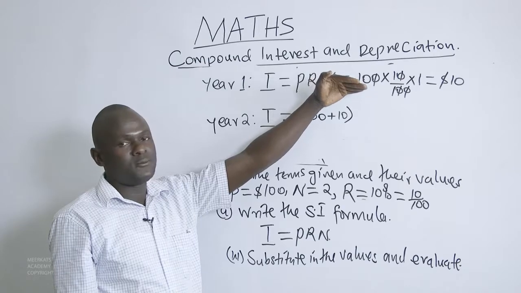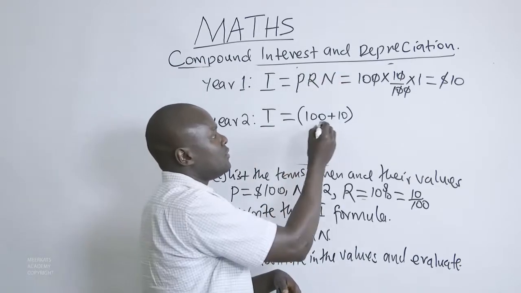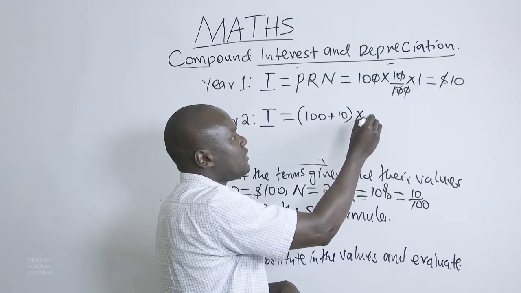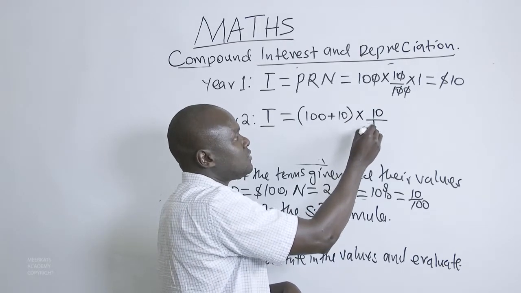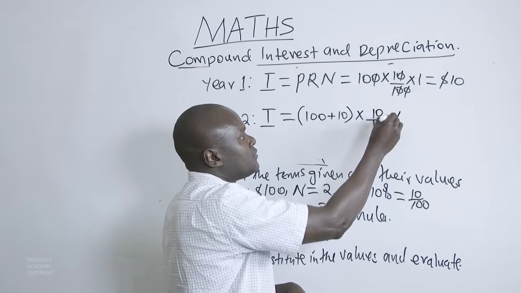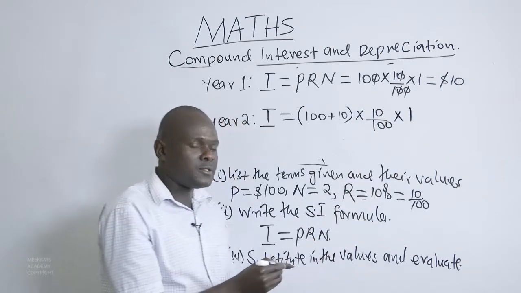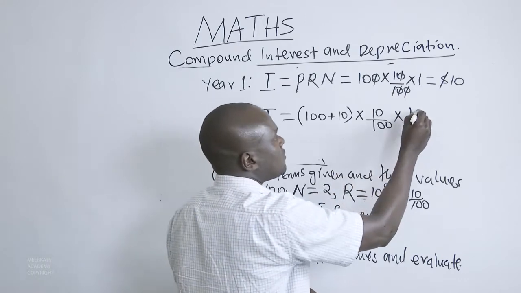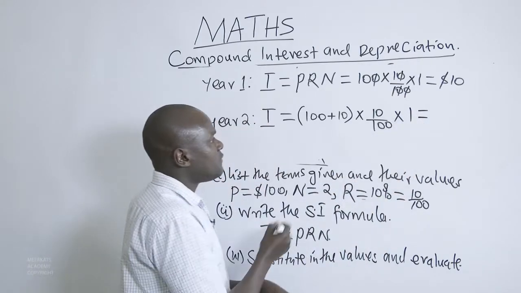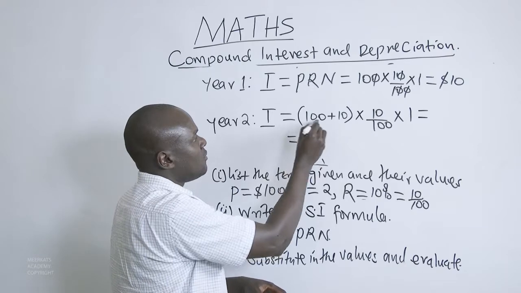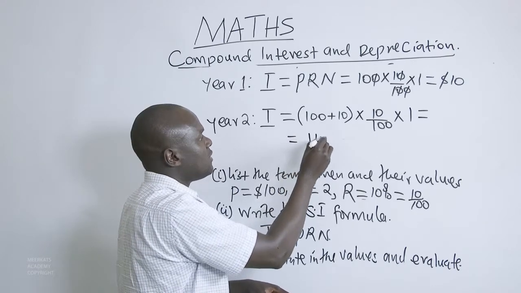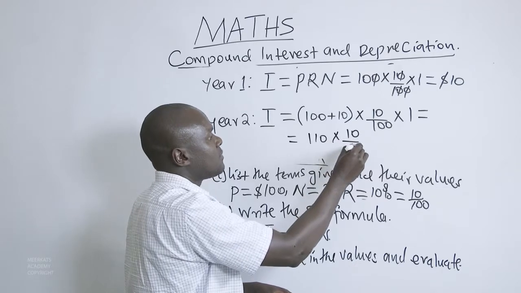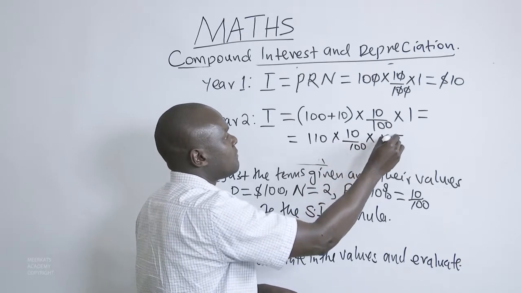So this will be the new principal, 110, multiplied by the rate, which remains the same, multiplied by 1.